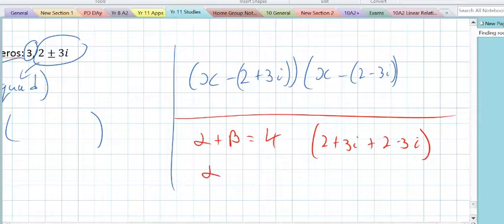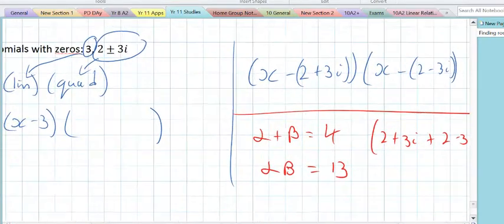Product of the roots is going to be 4 plus 9, 13.